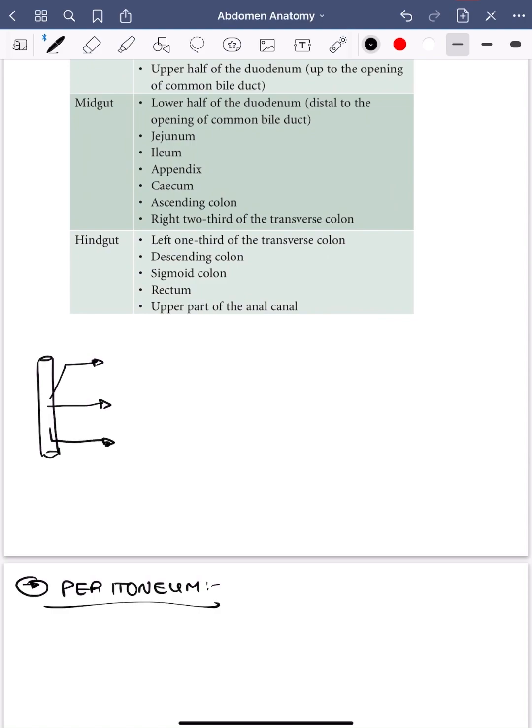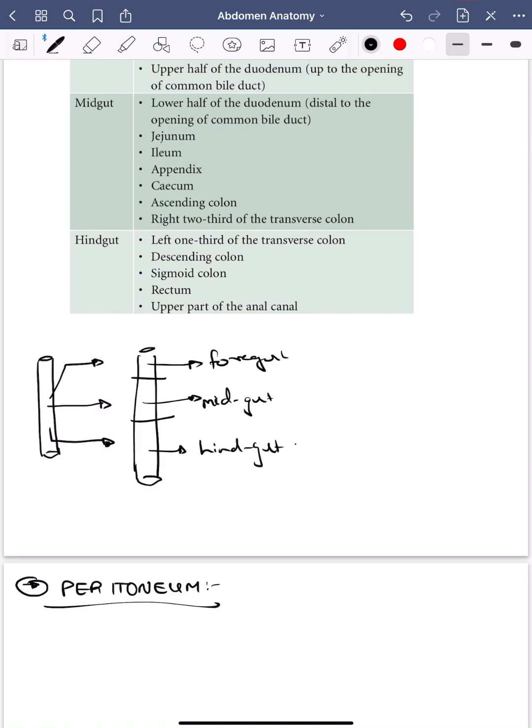It's basically the same tube, but it has 3 functional parts, and these are the foregut, midgut, and the hindgut. And from the foregut arises a number of organs, from the midgut a number of organs, and the hindgut another number of organs.